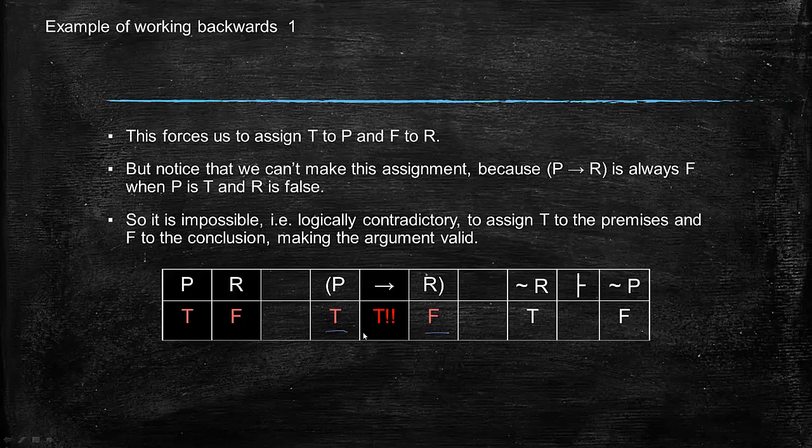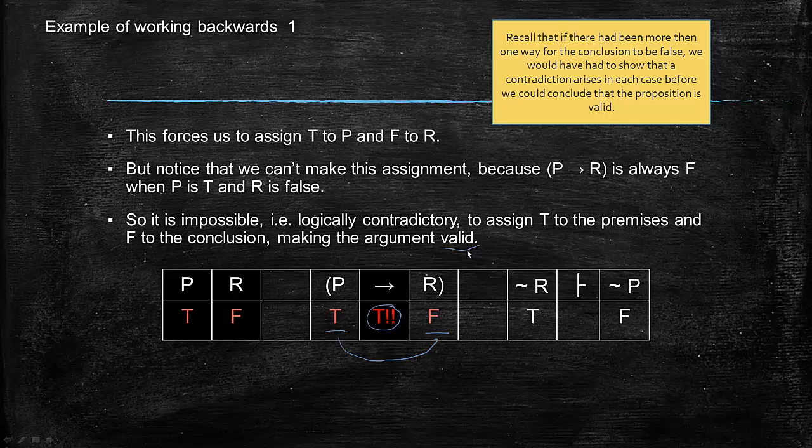And we can see that it's not okay, because when we have a true antecedent and a false consequent in a conditional, that has to be false, right? So this is not okay, and therefore this is a contradictory assignment of values, and so as a result, we would conclude that this is a valid argument. Okay, so that's all just review.